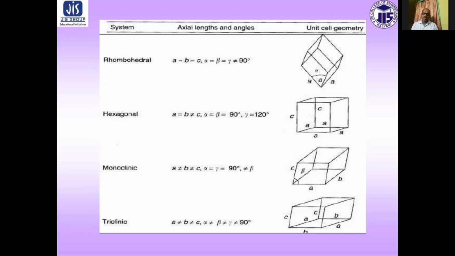And last of all, triclinic. That is, in this case, three unequal axes unequally inclined and none at right angles. That is A not equal to B not equal to C, and alpha not equal to beta not equal to gamma, and not equal to 90.